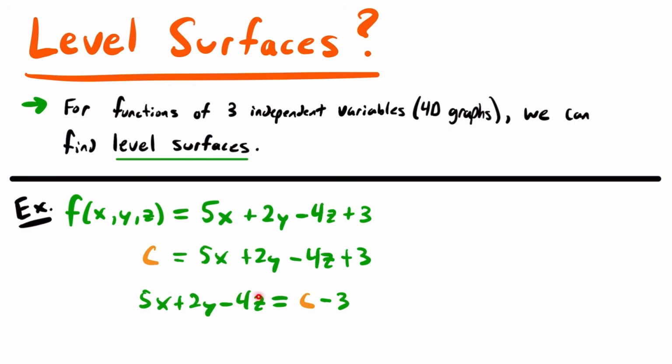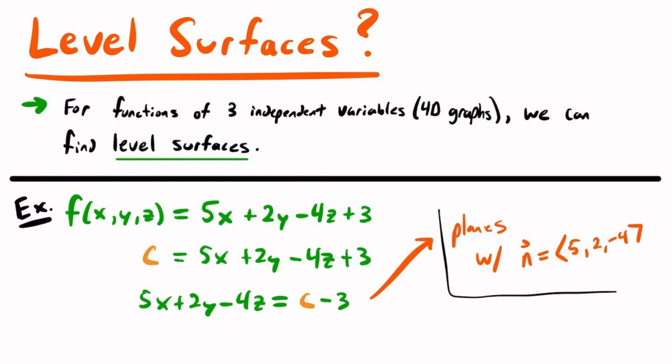So the level surfaces for this function would be planes, in particular planes that have a normal vector with components of 5, 2, and -4, right? So the level surfaces here are planes with a normal vector that has components of 5, 2, -4. The x, y, and z components are just the coefficients of the x, y, and z terms, respectively, in the plane equation.